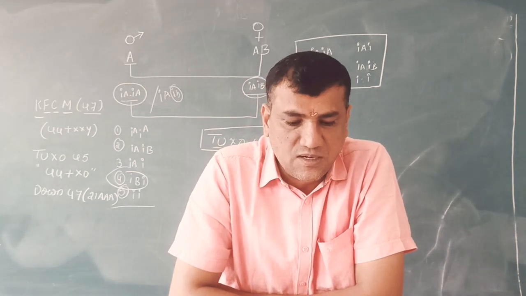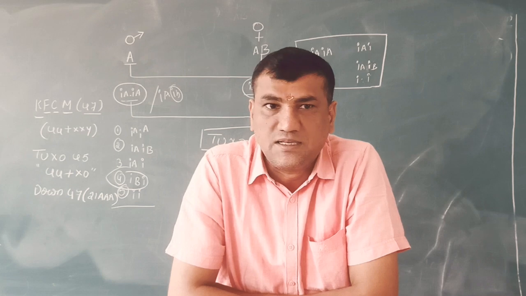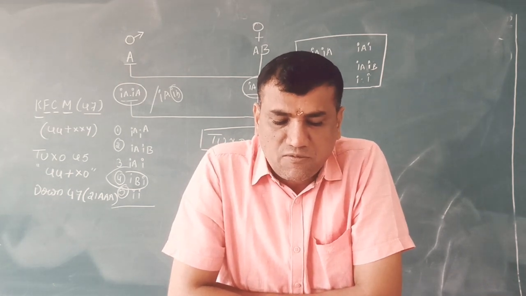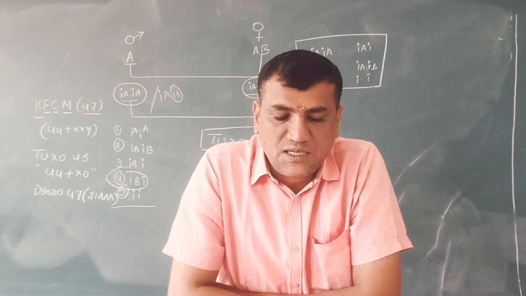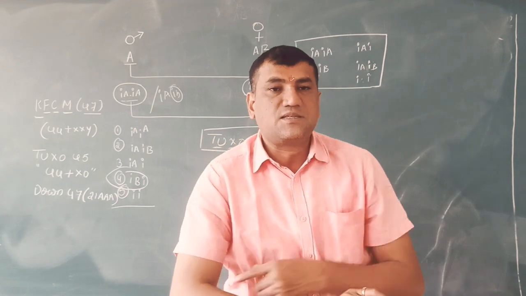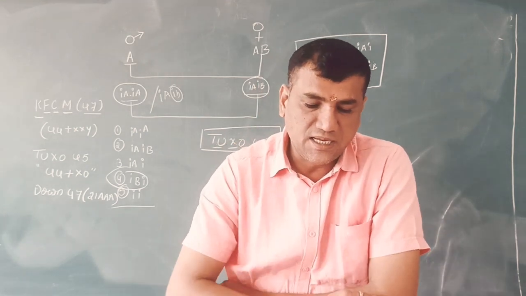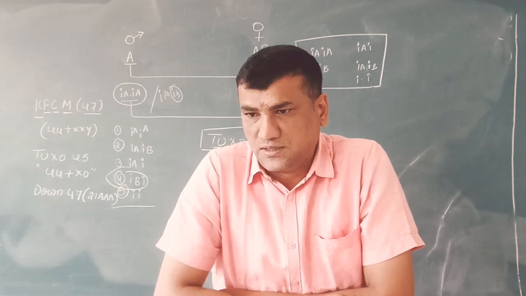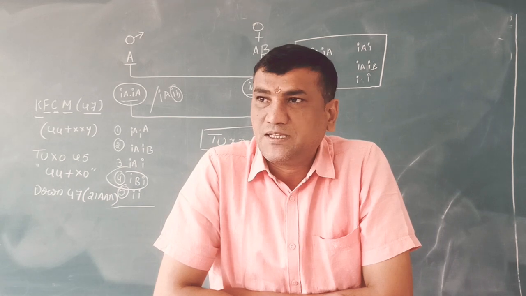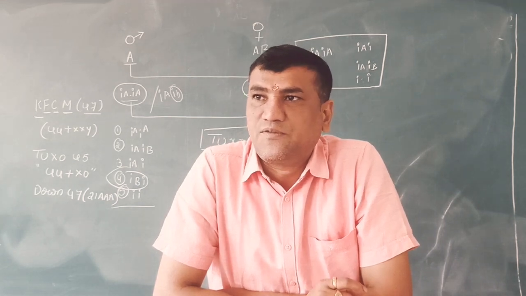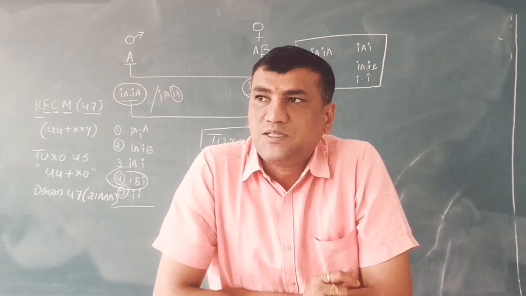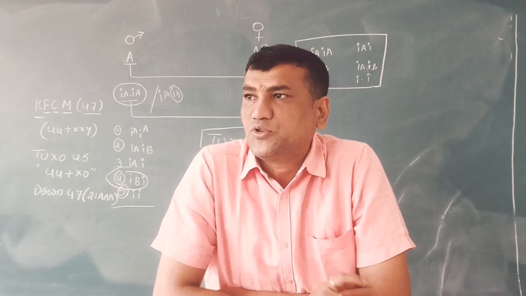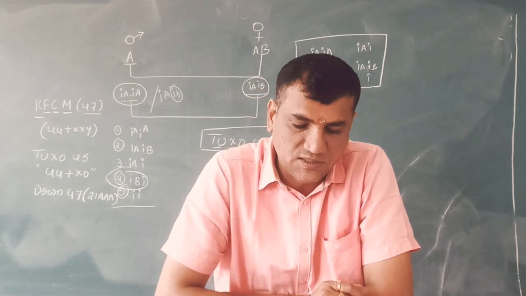This all comes under the polygenic inheritance. Chromosomal aberrations means chromosomal changes, either a part of a chromosome is lost or extra copy of chromosome or extra part of the chromosome is attached to the different positions.